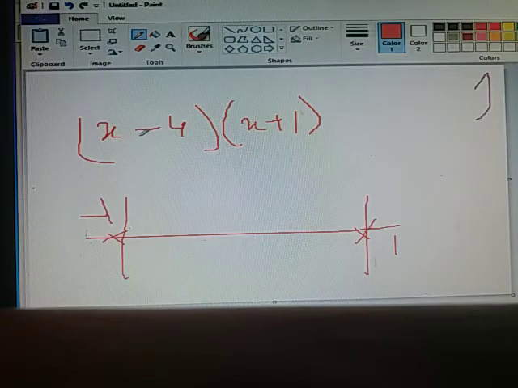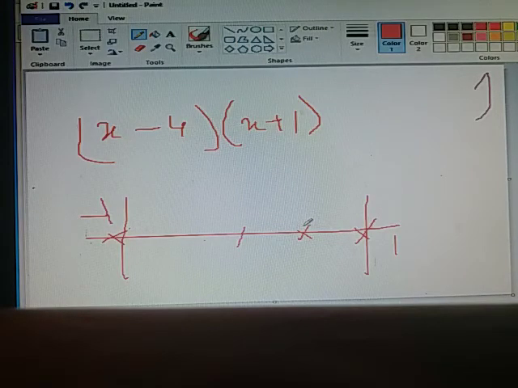So when x is 0, then it is here. 0 is here. Minus 3, minus 1.